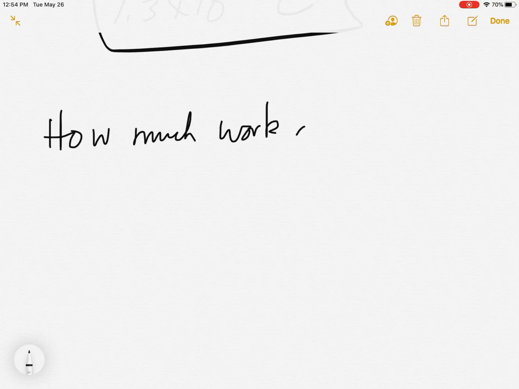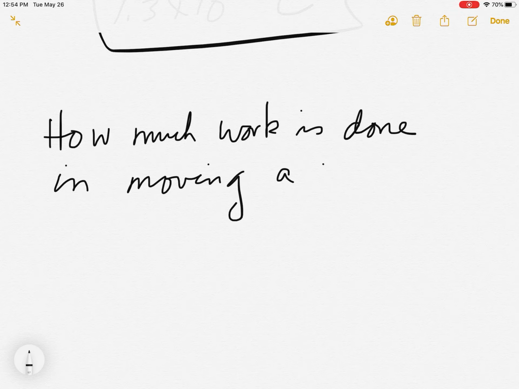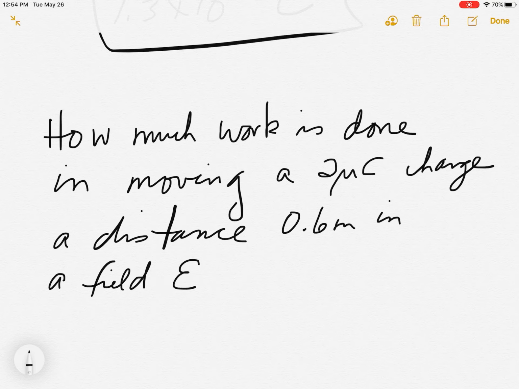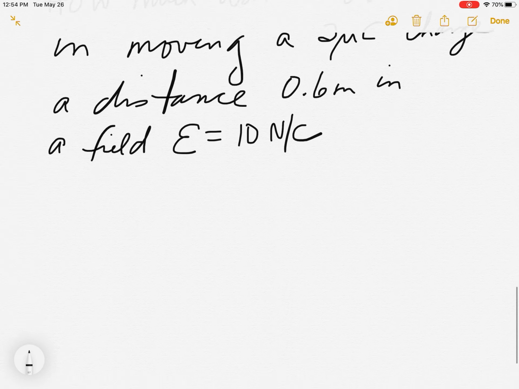How much work is done in moving a 2 microcoulomb charge a distance of 0.6 meters in a field, an electric field, with a field strength of 10 newtons per coulomb.